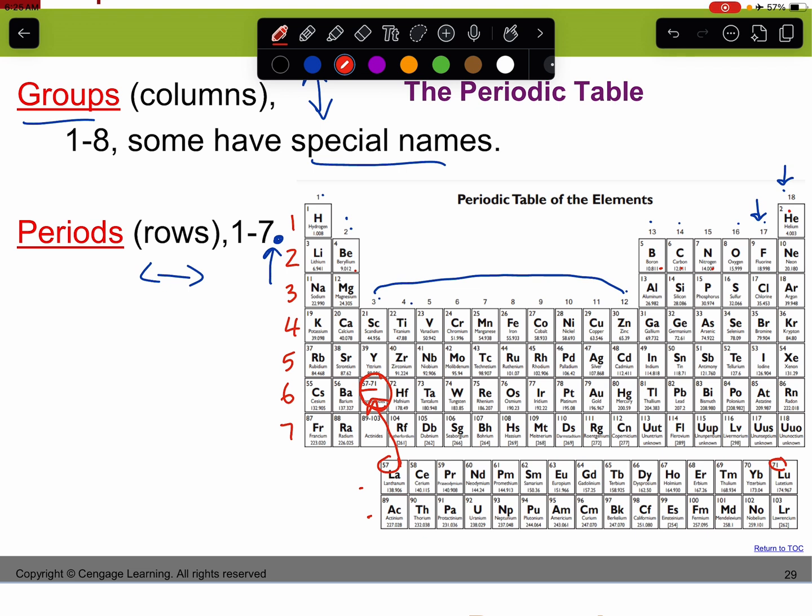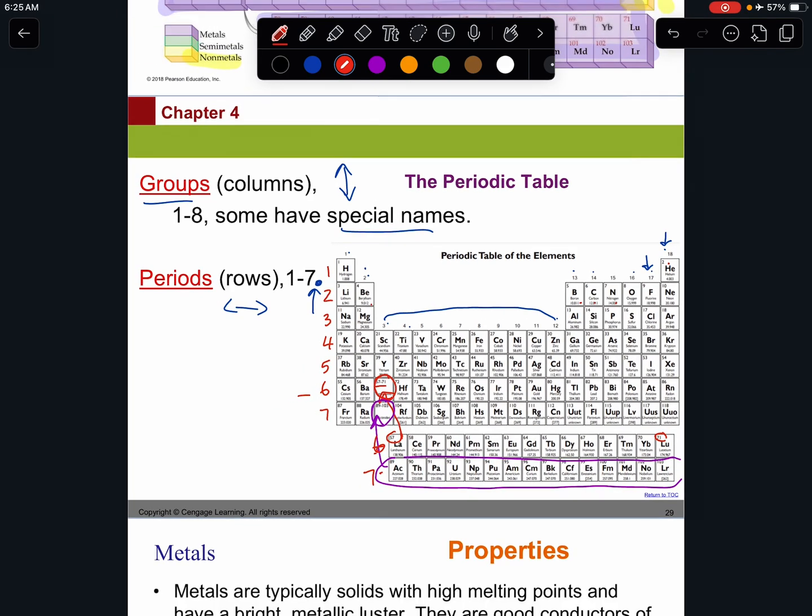And because they have a couple different properties we're going to learn. So this 57 through 71 belongs there, and then this 89 through 103 belongs here. So you have to imagine them popping out. So this 57 through 71 is actually still group 6 because it's here, and this 89 through 103 is actually group 7 as well. Okay, so we do not have 8 and 9. We stop at 7.